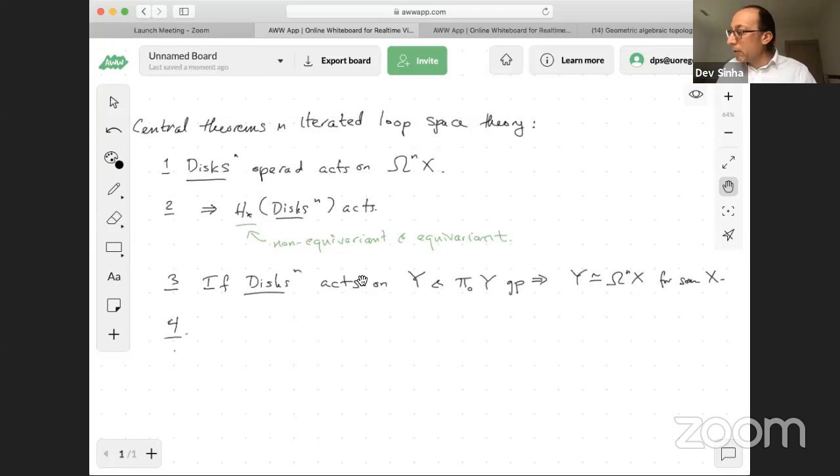And then theorem 4 is that, if I look at the n-fold loops on an n-fold suspension of some space, this is going to be the free disks-object module space on the generators, but we have to group complete.